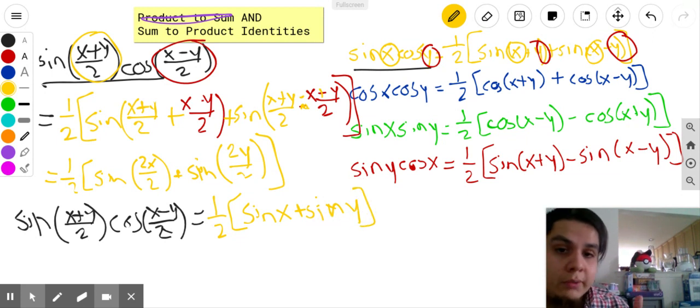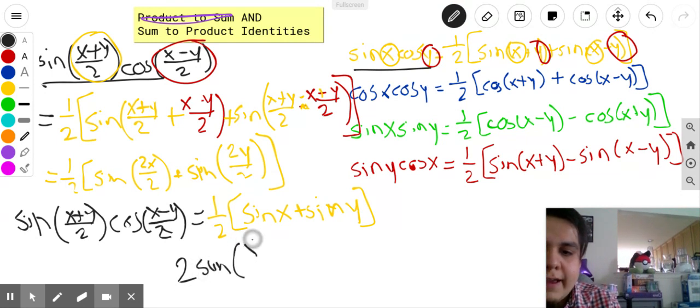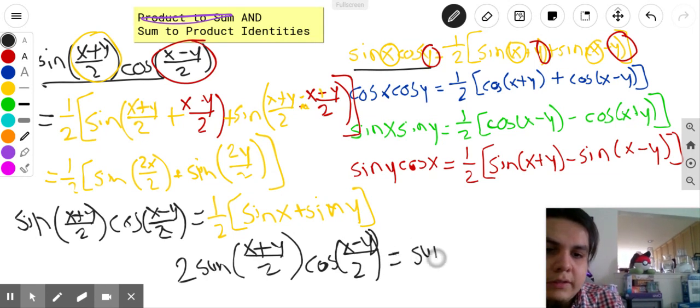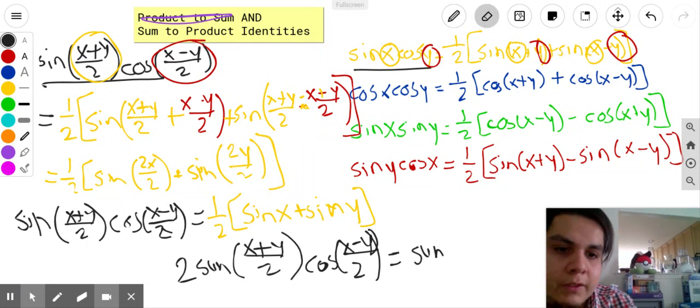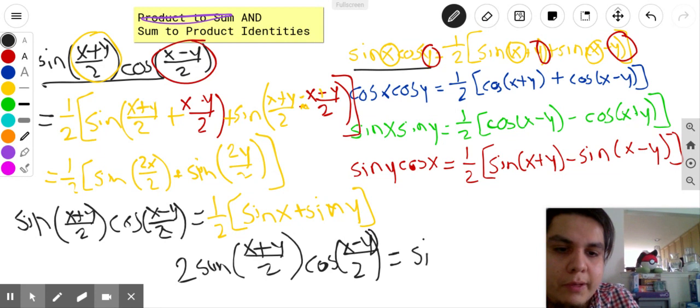So by doing just one easy multiplication, I can end up saying that 2 sine of x plus y divided by 2 times a cosine of x minus y divided by 2 should equal sine. I'm so sorry this is sloppy, guys. I miss writing on the whiteboard.